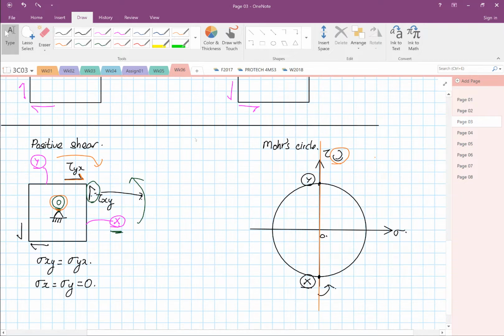So the location of point x and point y is dependent.